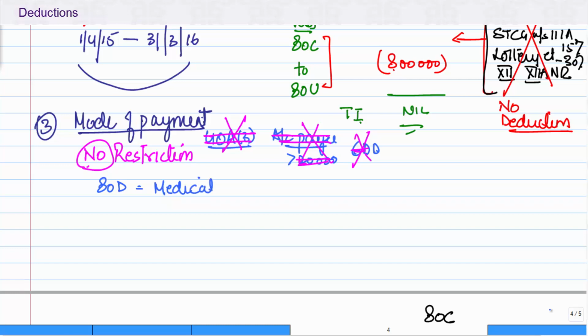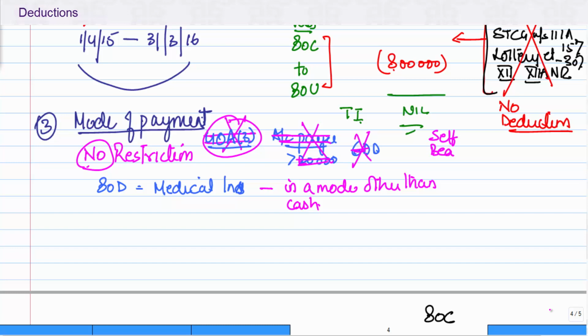Now for medical insurance, you need to make a payment in a mode other than cash. Now the wordings of 80D and 40A3 are very different. 40A3 talked about by account payee check. So for 40A3, if I made a payment by self-check, by bearer check, or cross-check, then 40A3 did not allow all three.